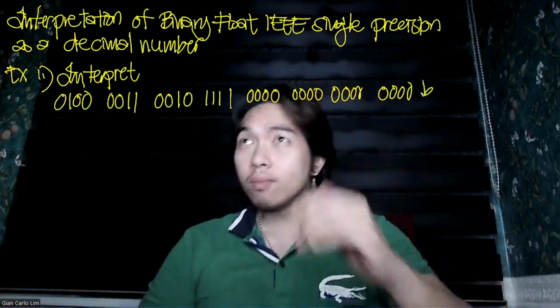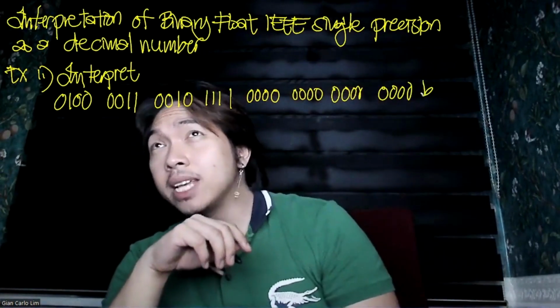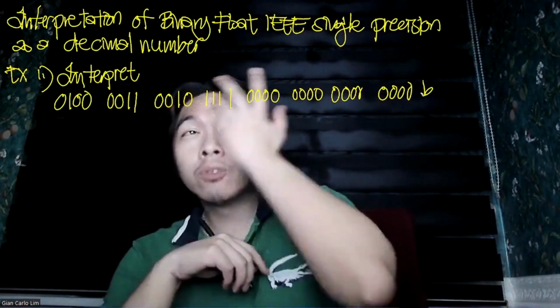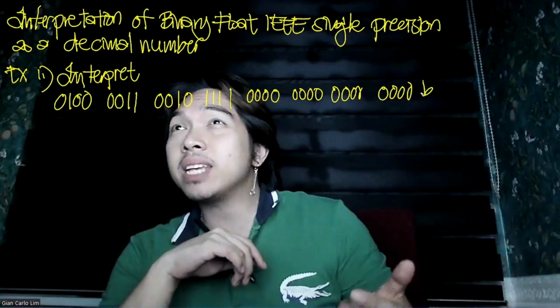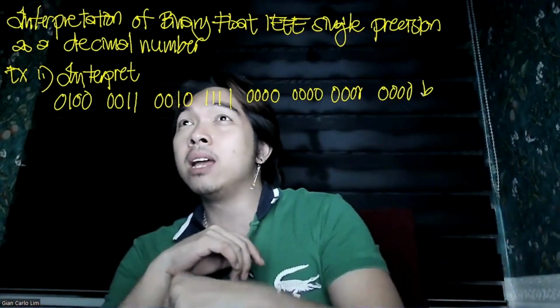So ito yung representation niya sa IEEE, di ba? Ganito siya. Wherein we know that yung pinaka-first bit ay yung sign bit, the next 8 bits ay yung exponent, and then the rest are the mantissa.